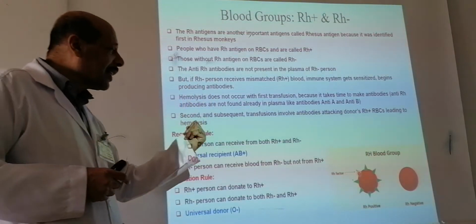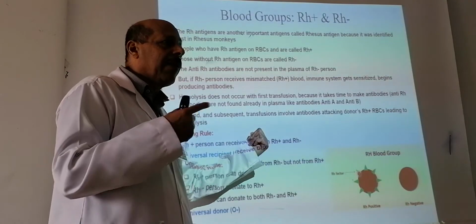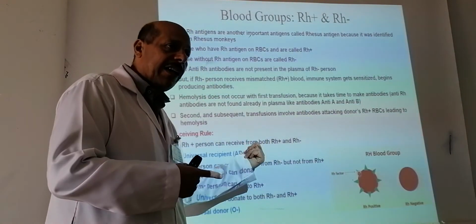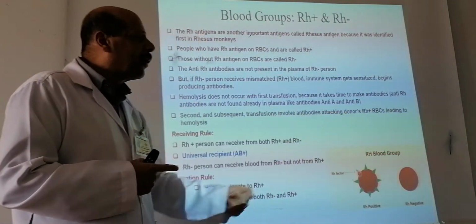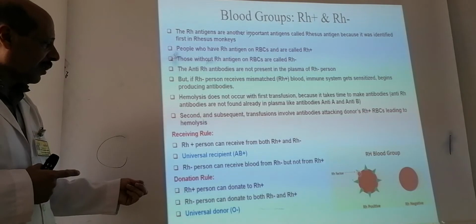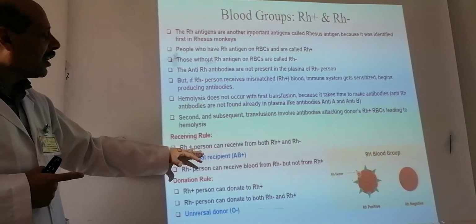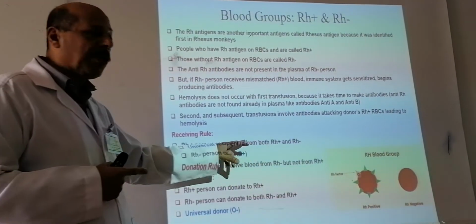So on a subsequent transfusion or exposure to Rh positive, the antibody attacks the donor's Rh, leading to hemolysis. Regarding the receiving role, an Rh positive person can receive from both Rh positive and negative.